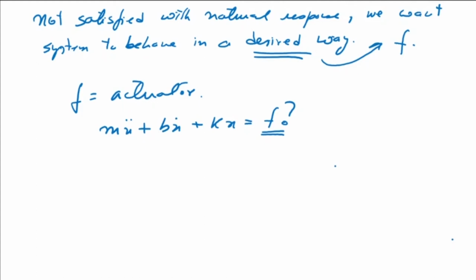Now, what should be the amount of force applied? From intuition we can guess that the force, first of all, should be proportional to x. If I want the system to go a long distance and stay there, the force should be proportional to the distance, which is kp, a constant, times x.